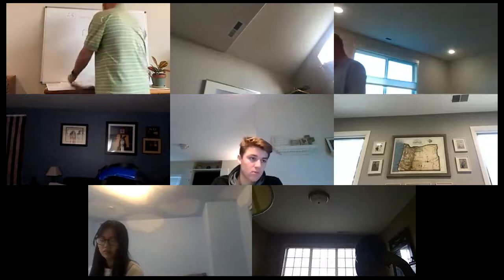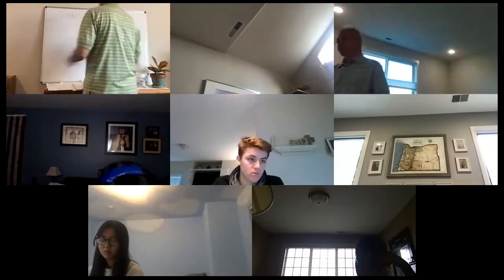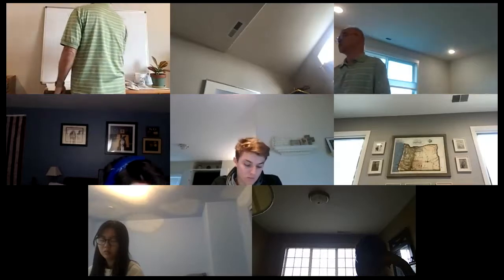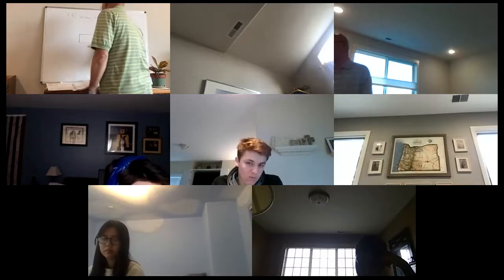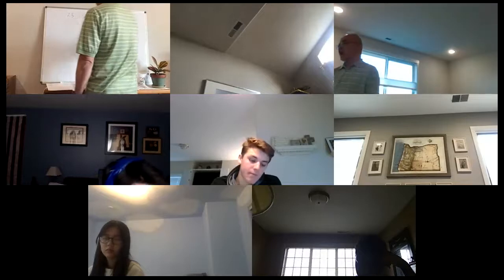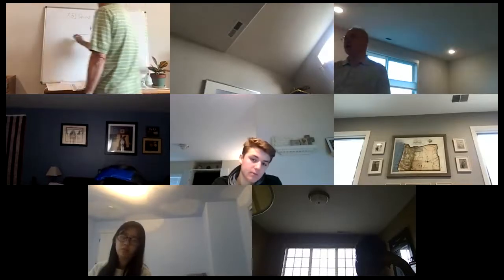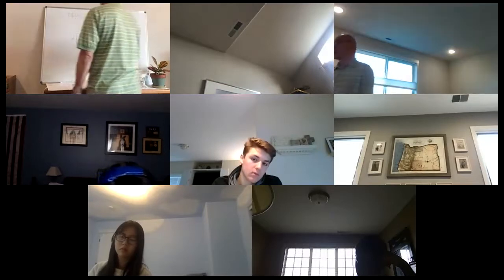So in other words, if I have a rectangle that looks like this, and it has a width and a height, and I put a force down this way, then the force is perpendicular to this side.